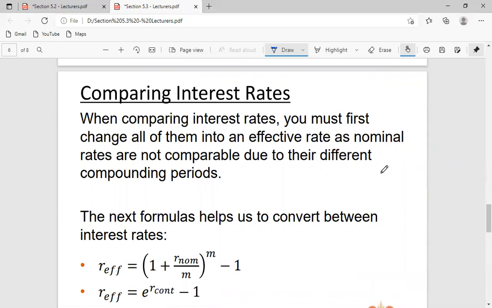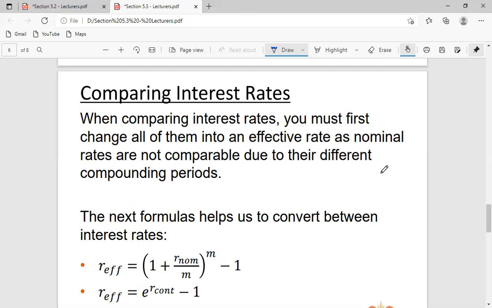This is absolutely important because if you are a banker, for instance, and a customer walks up to you, probably having been given investment or loan options, say the option to invest some money at 5% per year compounded semi-annually or 3% per year compounded quarterly, and they are confused about which one will be a better investment option, this is where you employ your knowledge of comparing interest rates.